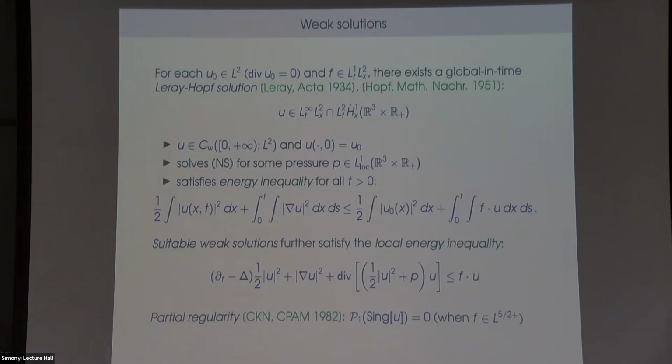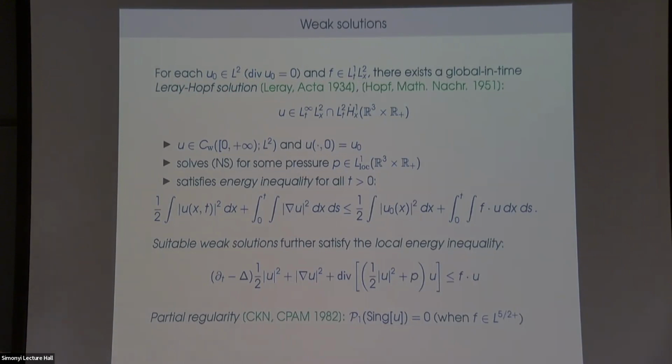A modern statement of what they proved, which includes a body force, is the following. For each initial velocity field which belongs to L^2 and is divergence free, and for every force belonging to L^1 L^2, there exists a global in time weak solution, which we call the Leray-Hopf solution.